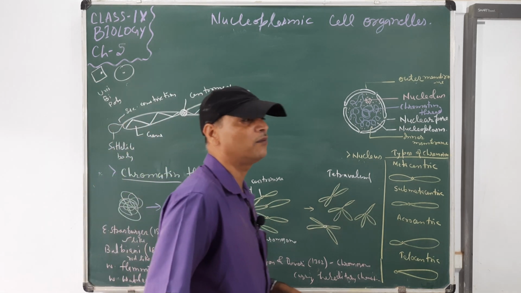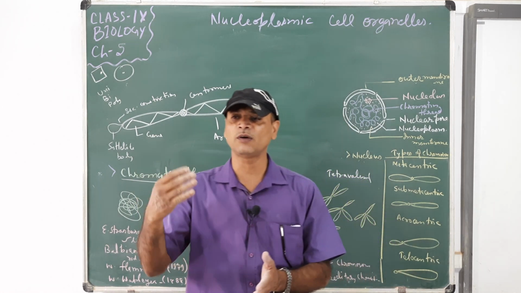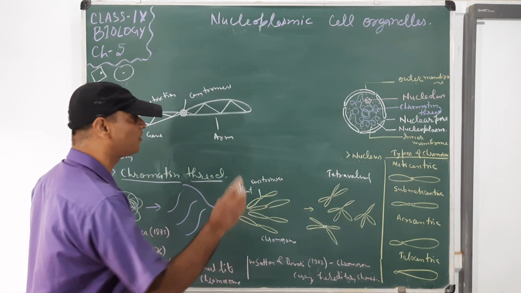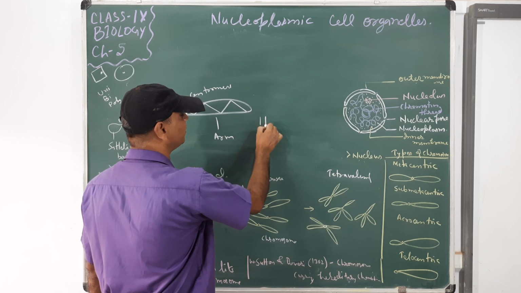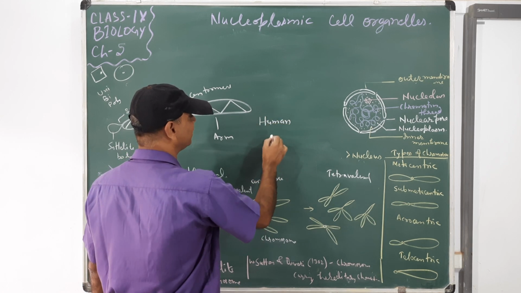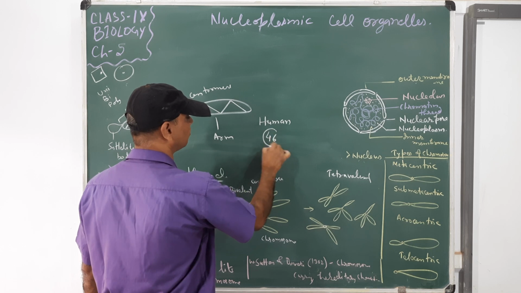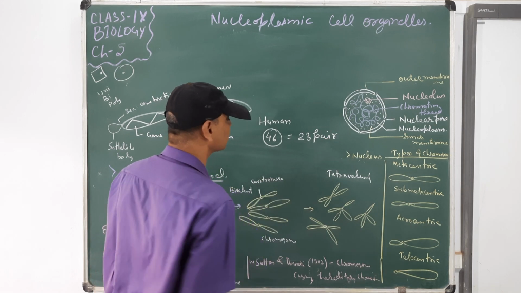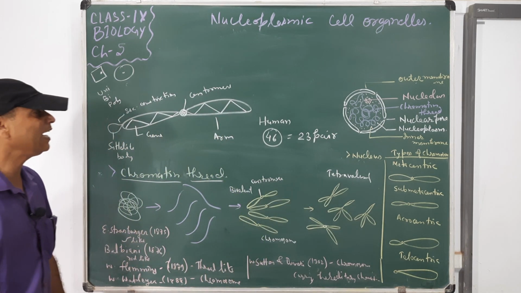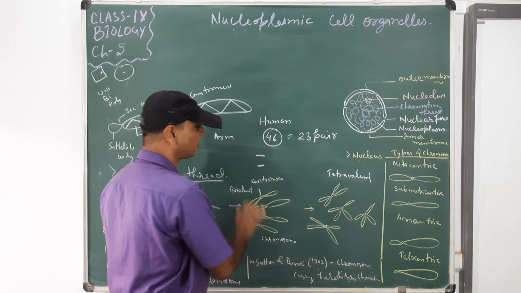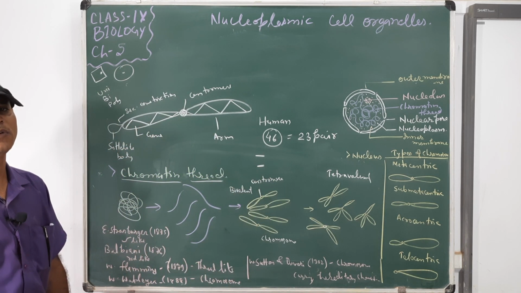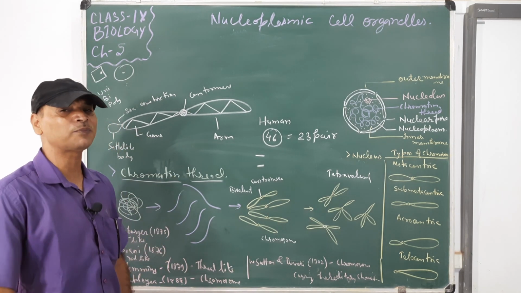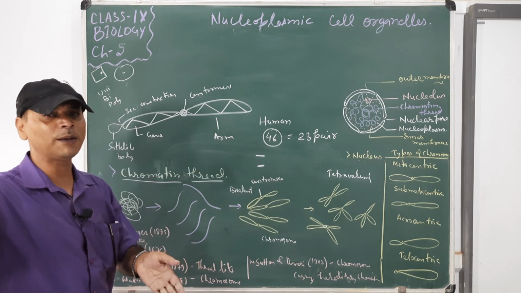Now what function do they perform? As we know, chromosomes carry characters from generation to generation, and the number of chromosomes in each living being is fixed. A human being has 46 chromosomes, or 23 pairs of chromosomes. These 46 chromosomes carry the characters, and the gametes have only half the number of chromosomes. Half comes from the father and half from the mother.